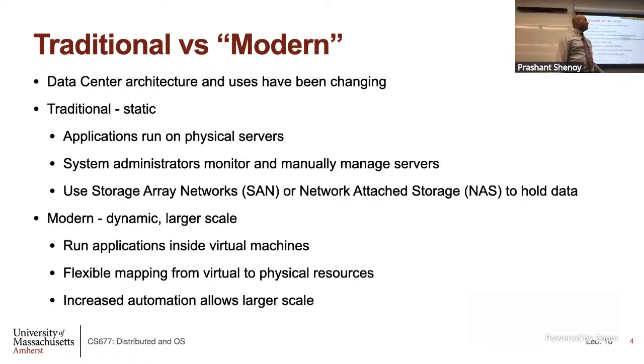So the mapping of applications to servers no longer needs to be static. You can resize the virtual machine, and you can move it if the server gets overloaded, which allows for a lot more flexibility. Modern data centers use virtualization technology quite extensively. In fact, virtualization is at the heart of all of these data centers.